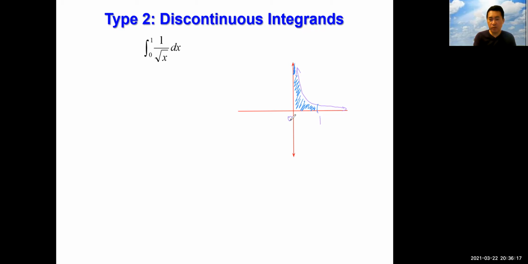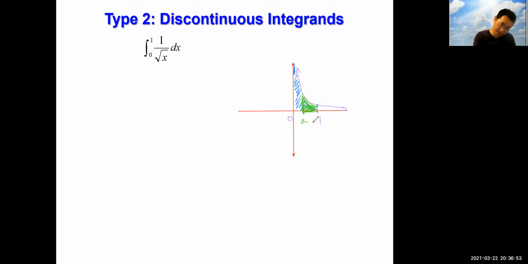So what we have to do is similar to what we did in type 1. We're going to replace the 0, because 0 is the problem here, with an arbitrary constant, say a. So instead of going from 0 to 1, we're going from a to 1. We're looking at this area from a to 1.